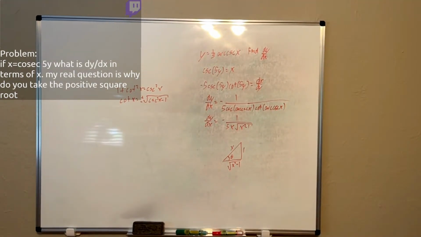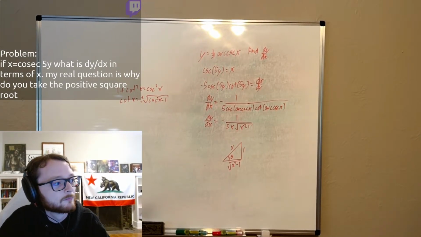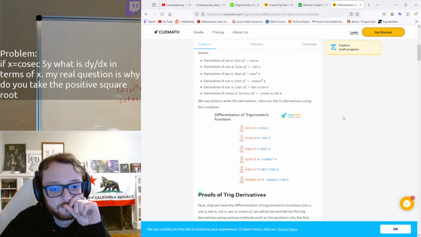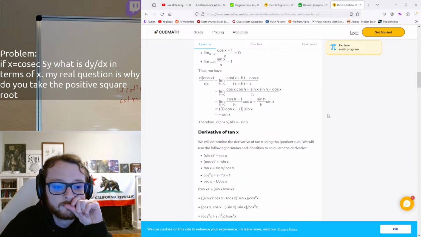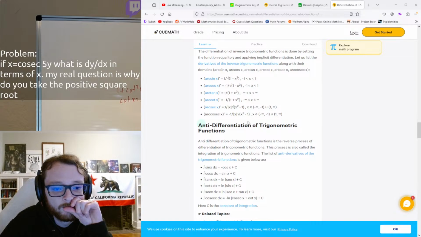The right triangle way makes it a lot clearer that it's a distance. Okay, this does match, except it's the absolute value of x.